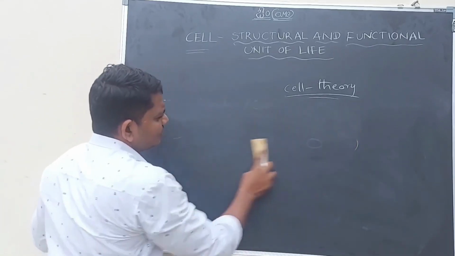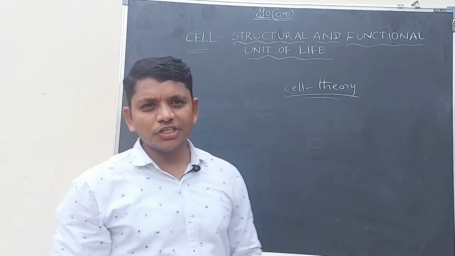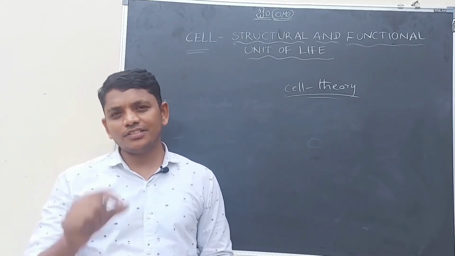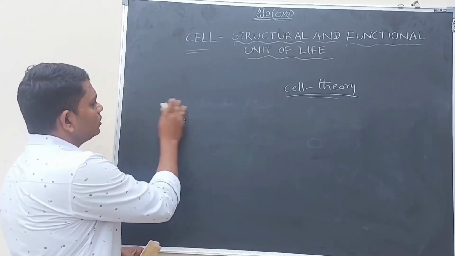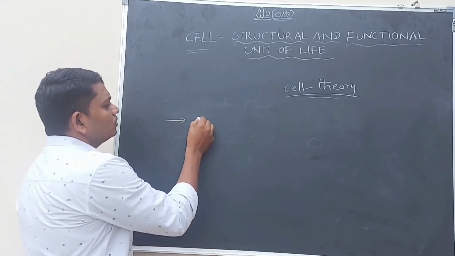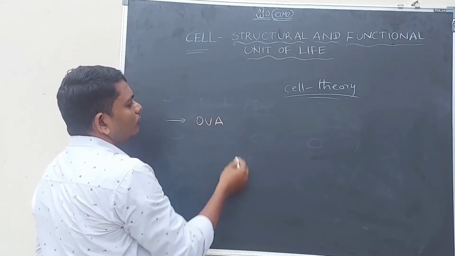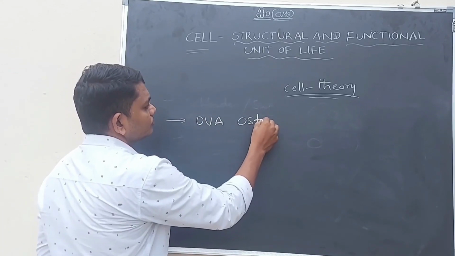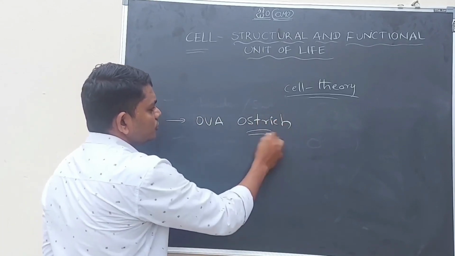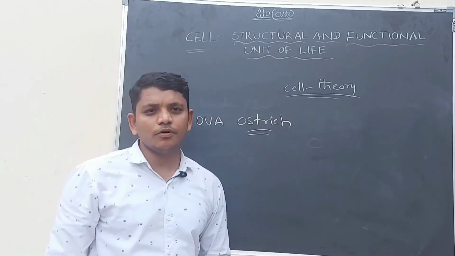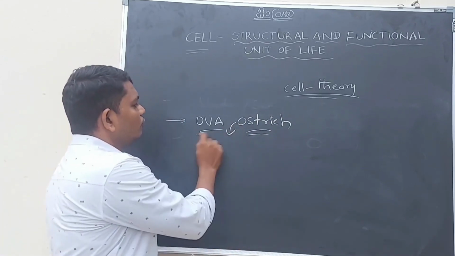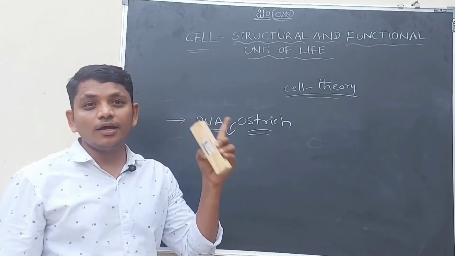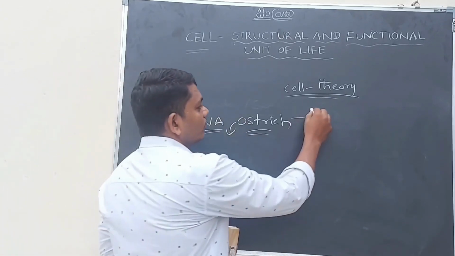Let us discuss what is the largest cell in the world and what is the smallest cell in the world. The largest cell in the world is the ovum of the ostrich. Ostrich is a bird, the largest bird, the biggest bird. The egg of the ostrich, or ovum of the ostrich, is the largest cell in the world.